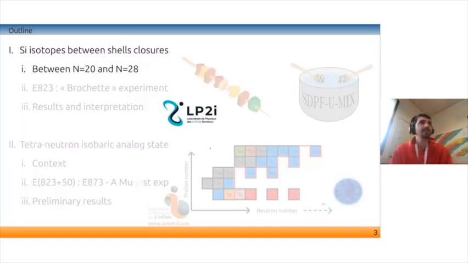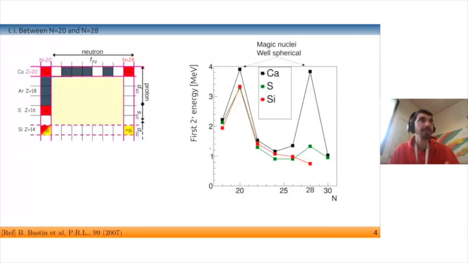So let's start with the silicon isotopes, and I will talk about the region between N=20 and N=28, where we can find these two magic numbers in neutrons. We can see it directly from the strong first 2+ energy, like calcium-40, sulfur-36, or silicon-34 at N=20, but also for calcium and sulfur at N=28.